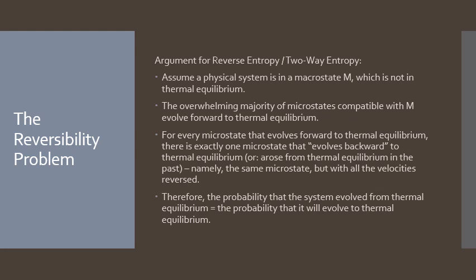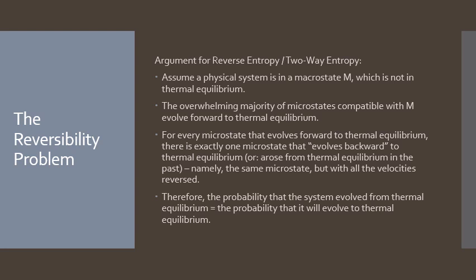Okay, now to make this problem sharper, we can consider a couple of arguments that somebody could give in favor of what I call the reverse entropy law or the two-way entropy law. The reverse entropy law would be the law that entropy increases in the past direction in time. The normal entropy law says that entropy increases in the future direction in time. Or we might have the two-way entropy law, which says that entropy increases in both directions.